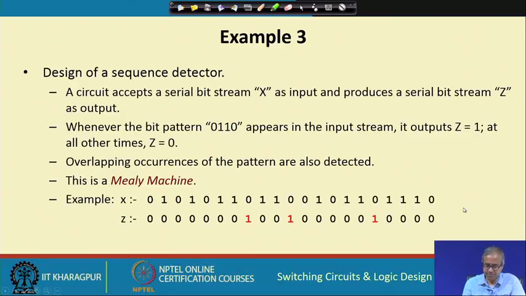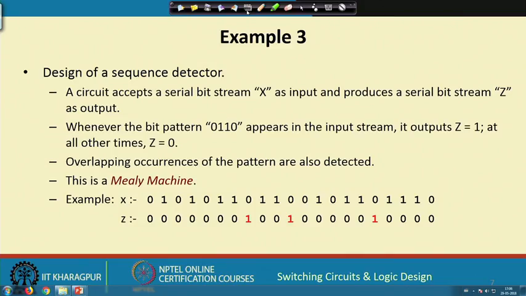Here is another example: you see 0 1 1 0, there is a 1 generated here, 0 1 1 0, 1 generated here, 0 1 1 0, 1 generated, but here there is no overlap.